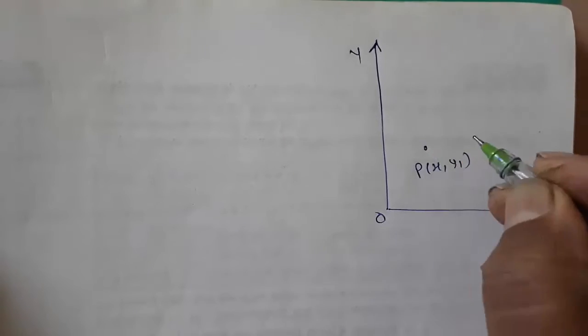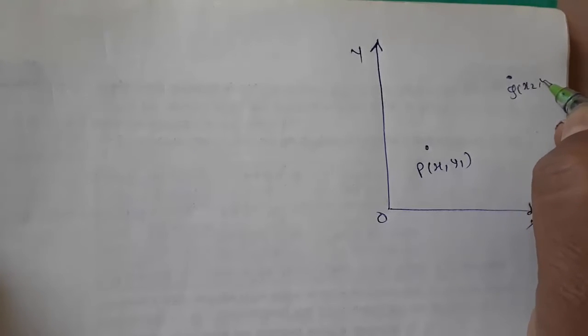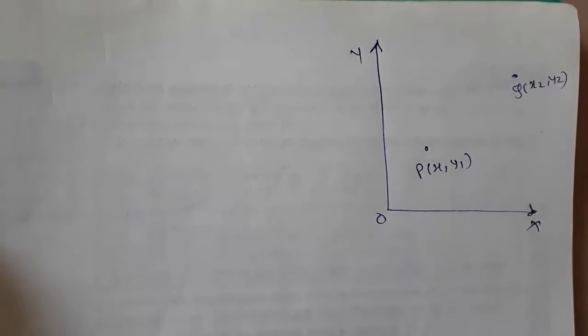We shall draw a figure. Suppose this is the XOY plane and P(x1, y1) and Q(x2, y2) are the 2 points in this plane. These 2 points can be joined by infinitely many curves.